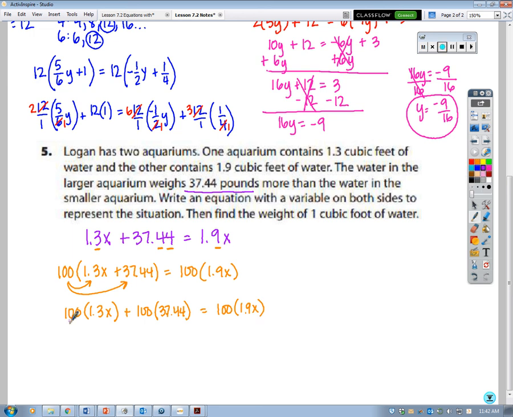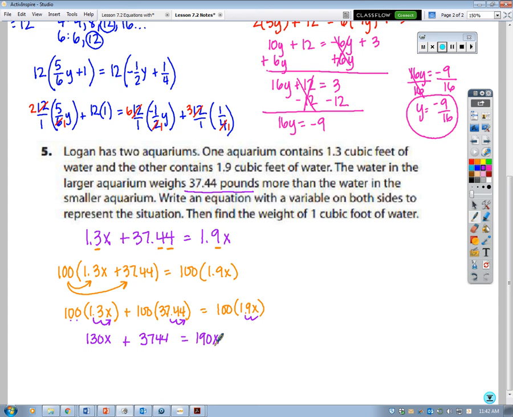So I'm moving 2 spaces, 2 zeros, so 2 spaces. So this becomes 130x. This is going to move 2 spots, so this becomes 3,744. So 130x plus 3,744 equals, moving 2 spots, 190x.